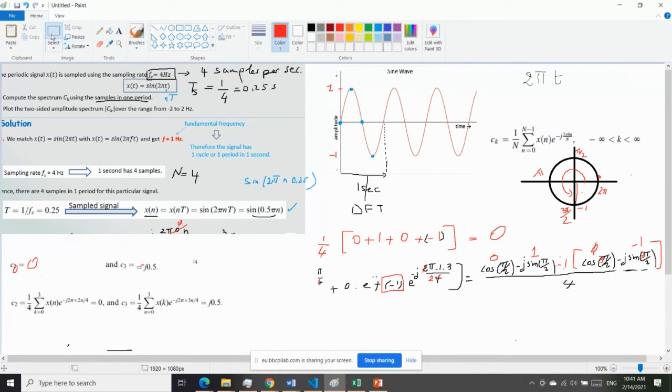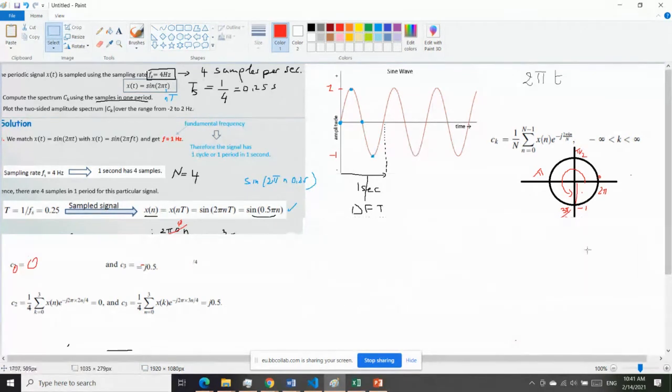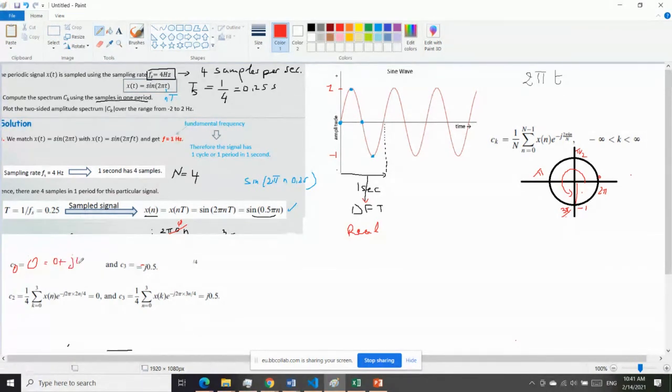Okay, so we can plot this. With DFT, the DFT is complex, so you have two parts. You can do a plot, for example, you can plot the real part. When you say 0, it means as if you say 0 plus j times 0, so the real part is 0 and the imaginary part is 0.